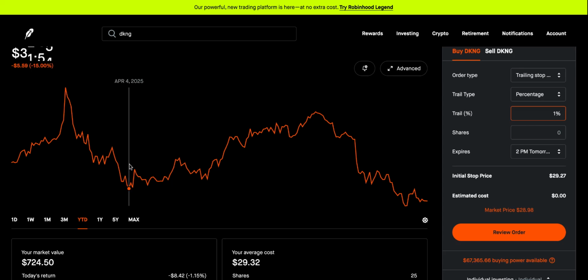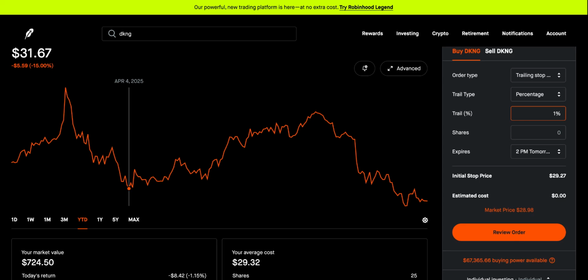Okay, so if the price were to drop 1%, you're basically going to force sell those shares, because you put your trailing stop loss at 1%. So if you bought at 31.67, then 1% off of 31.67 is give or take about 32 cents. So if the price drops 32 cents, you're going to instantly sell.